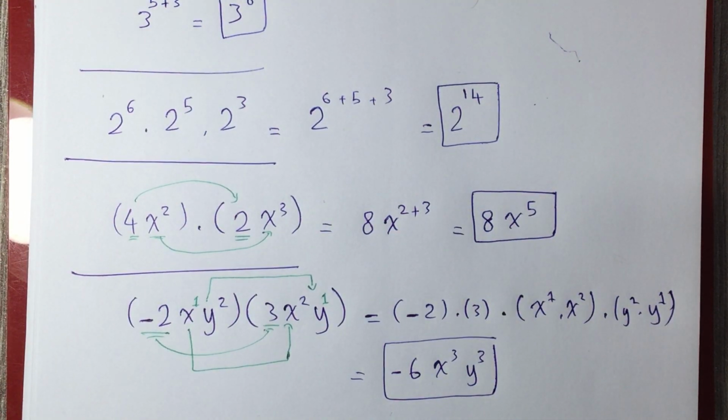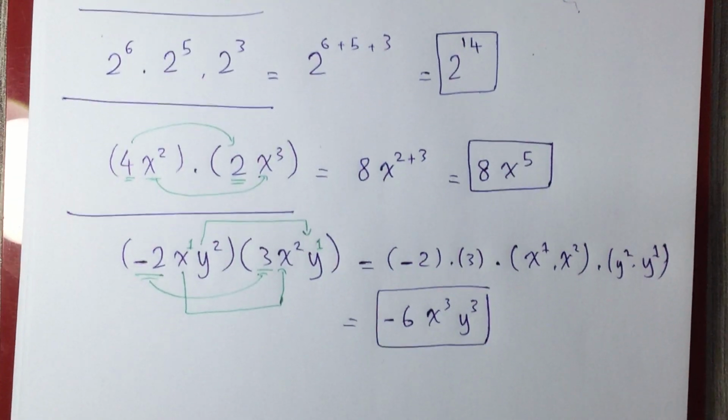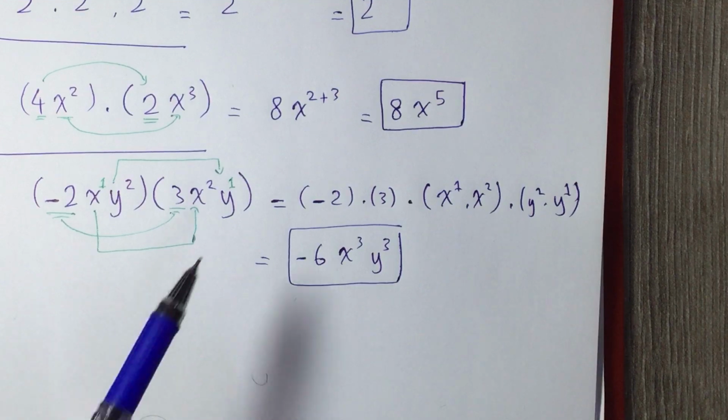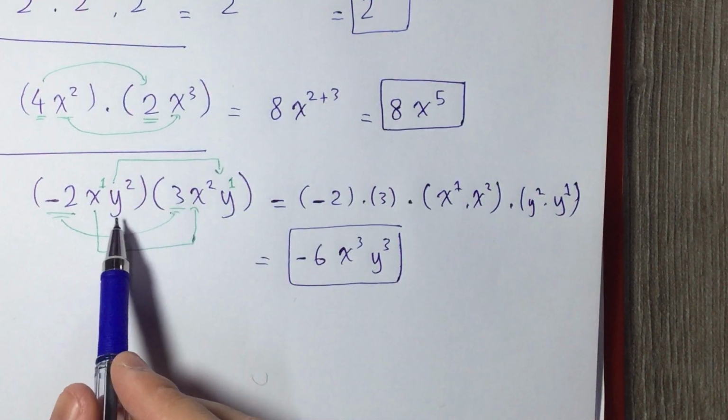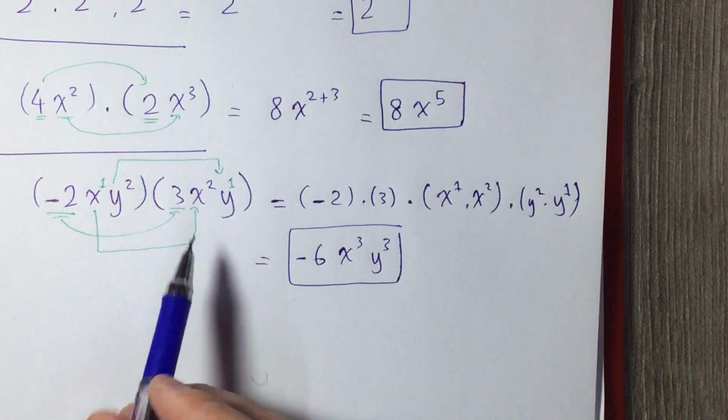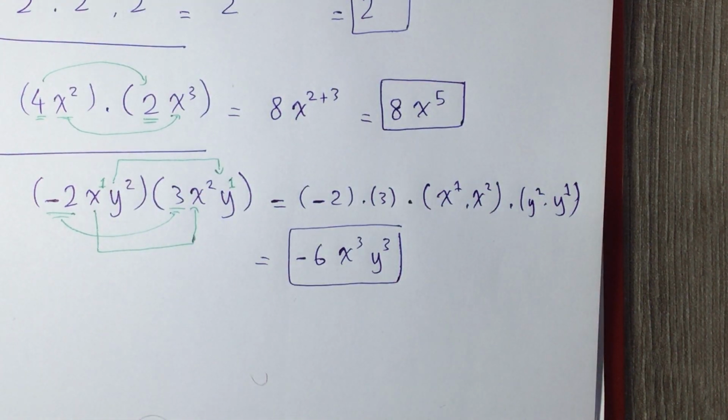If we have multiplication between the same base, we must have the same base. We cannot here multiply y with x. We cannot add the exponents because it is not the same base. So when we have the same base, we just add exponents.